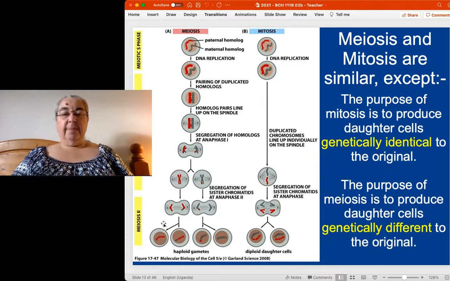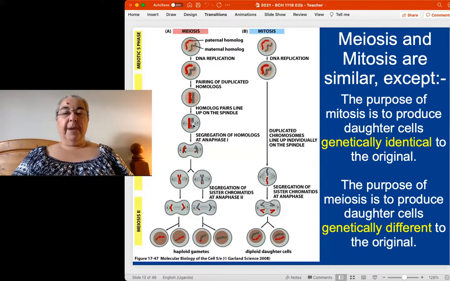The other way that the cells are different is, remember that when the chromosomes line up on the metaphase plate, they're randomly pulled in the opposite directions. So here we're seeing the paternal or the mostly paternal chromosome being pulled to the left and the mostly maternal chromosome being pulled to the right, but we're only looking at one chromosome here.